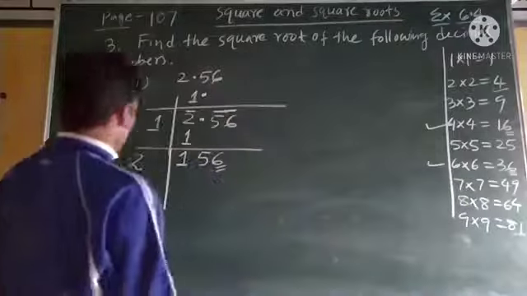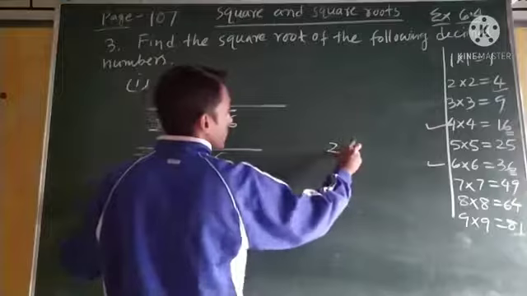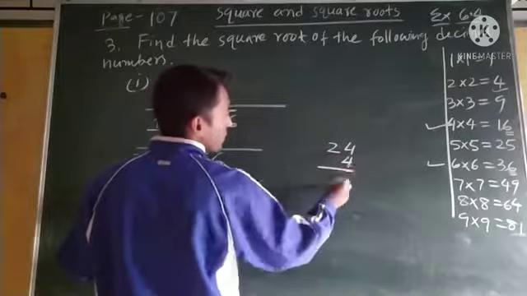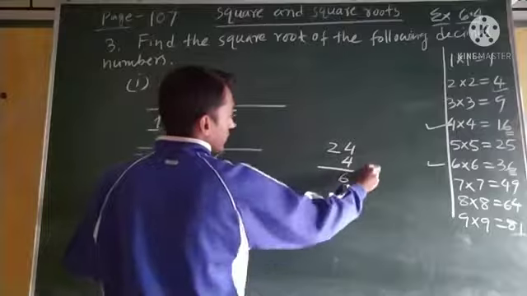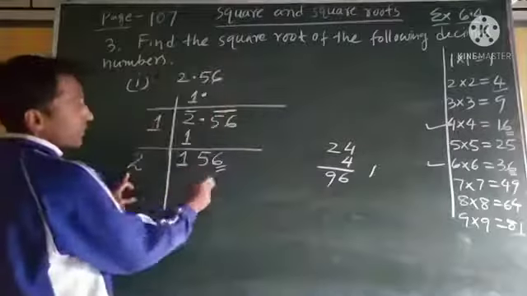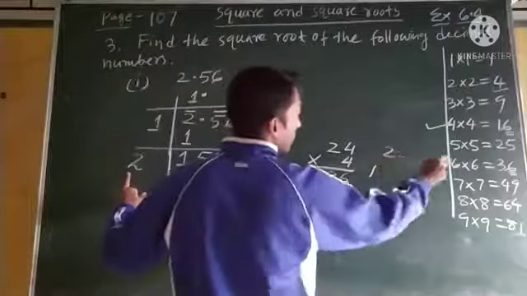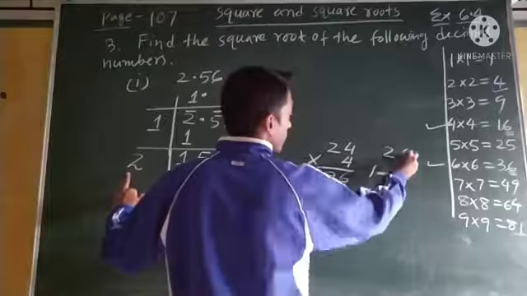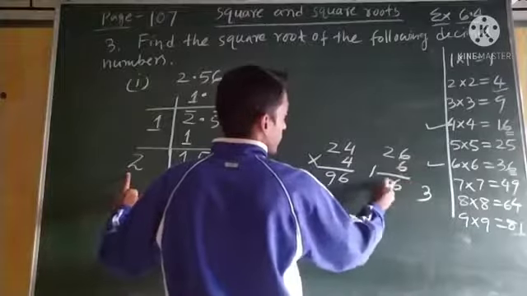Now you check which time will go. 2, 4, 2, 4. 4 sixes are 16, 1 in hand, 4 twos are 8 plus 1, 9. Here 156. That means not 4 times. So next 6 times. 6 sixes are 36, 3 in hand, 6 twos are 12 plus 3 is how much? 15.